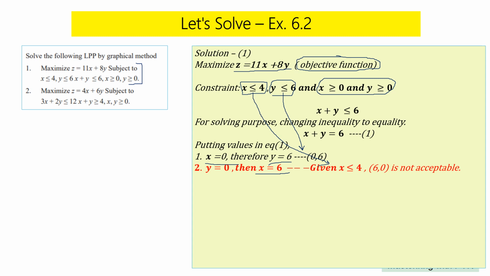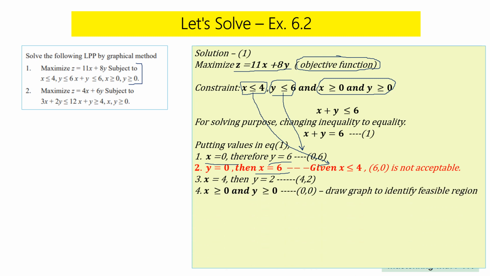So the coordinate (6, 0) is not acceptable. When x is 4, the boundary condition where x can be maximum 4, then y is 2. Also, x is greater than or equal to 0 and y is greater than or equal to 0. This means we have one more coordinate, that is (0, 0).